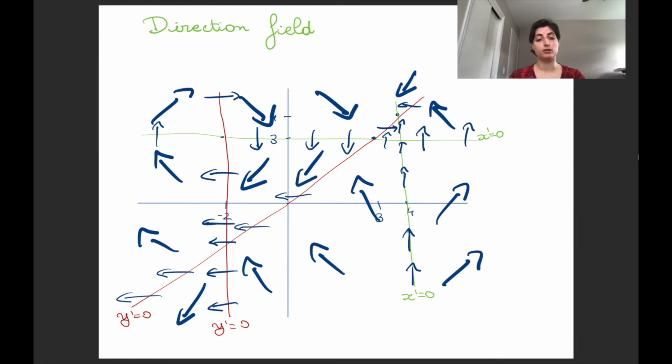It might be a bit confusing, but it's a direction field. It means that any point you can start on in this plane is going to be following these arrows. So for example, if I start at 3, -2, we are going to go up and left.